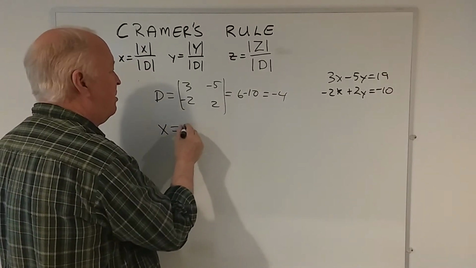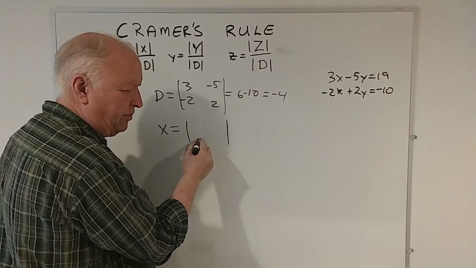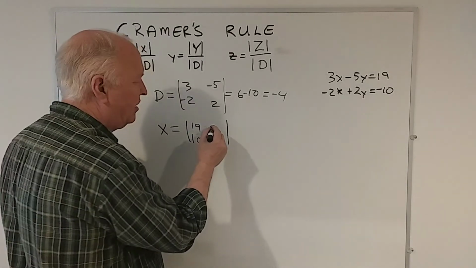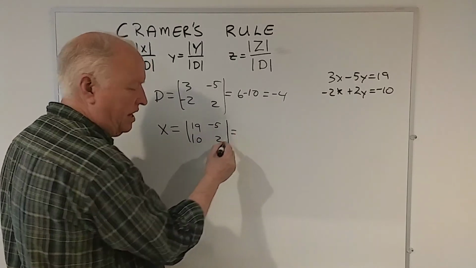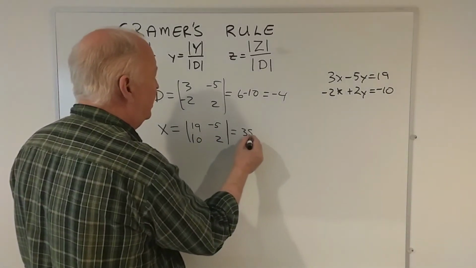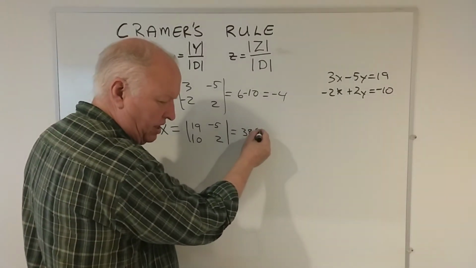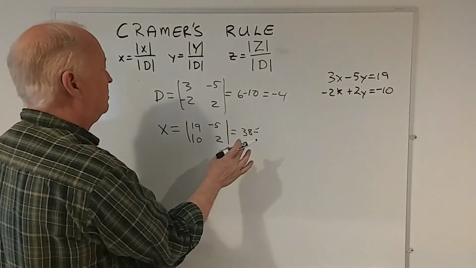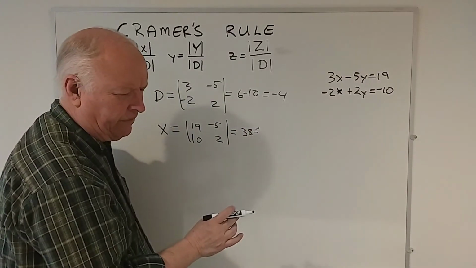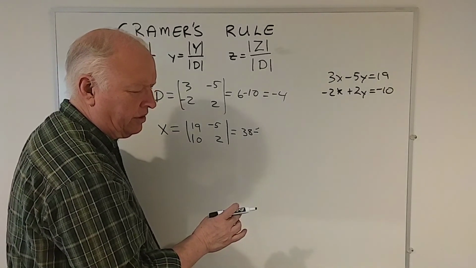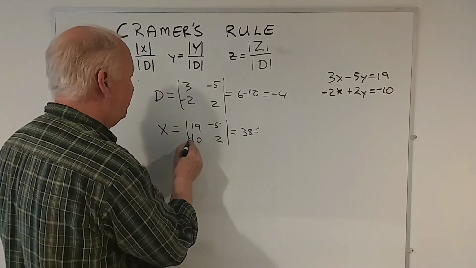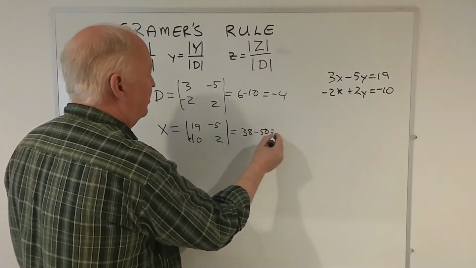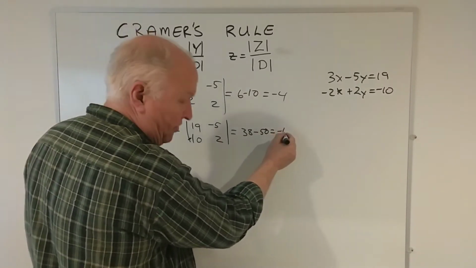Here we have our matrices. I'm just quickly running through them. And we have 6 minus negative 10, that's no problem. 6 minus 10, which is negative 4.